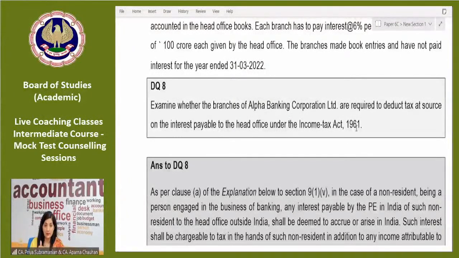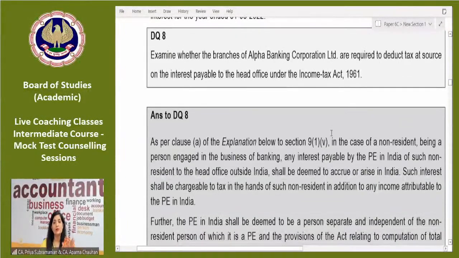Still, an explanation below Section 9(1)(v) has been inserted. Clause A of that explanation provides that in case of a non-resident engaged in the business of banking, any interest payable by the PE in India of such non-resident to the head office outside India shall be deemed to accrue or arise in India.